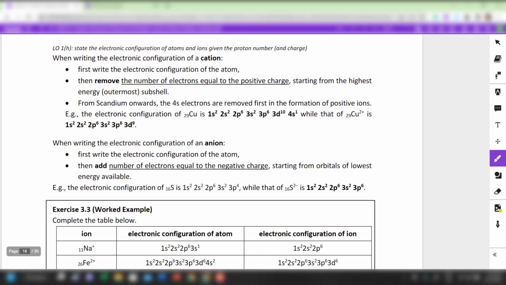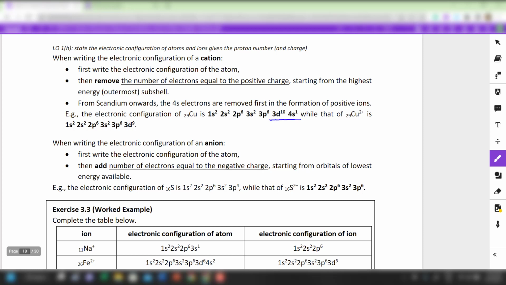We'll move on to the next bit. When writing the electronic configuration of a cation, you have to first write the electronic configuration of the atom and then remove the number of electrons equal to the positive charge. In this case, you have to start from the one with the highest electronic energy level. So what do I mean here? For example, the valence electronic configuration for copper is 3d10 4s1.